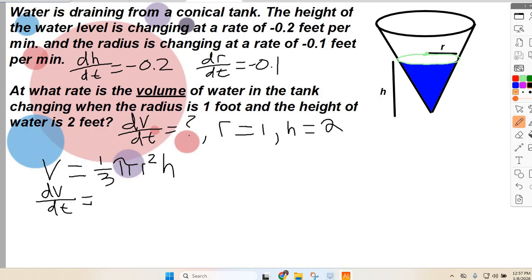So I'm going to take the derivative of the first part, the derivative of r squared. 2r. Okay, so I'm going to multiply that by my 1/3 pi. But again, what are we taking the derivative with respect to? Time. So what do we have to multiply by? dr/dt. And then we leave our g, the second function, alone. So in this case, it's h.